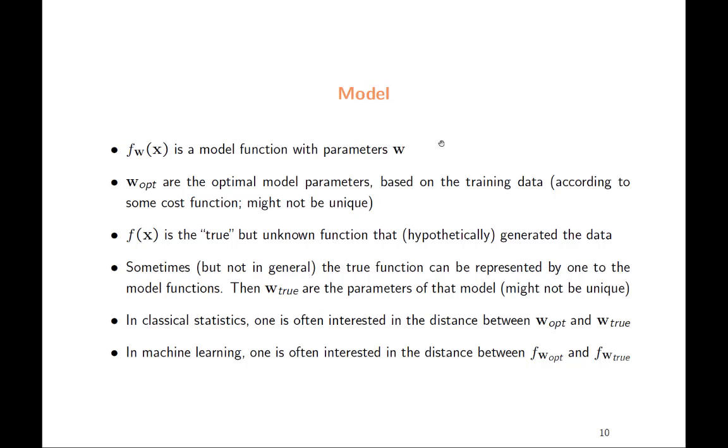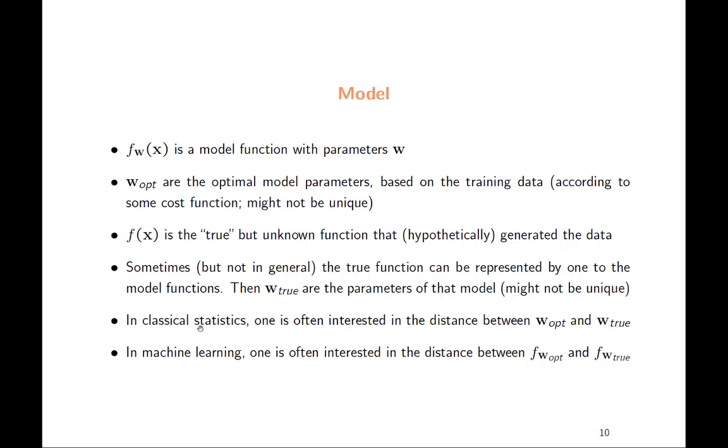It might not be unique, and it might not be the true one, of course. f(x) is a true but unknown function, which generated the data hypothetically. Sometimes, but not in general, the true function can be represented by one of the model functions. Then w_true are the parameters of that model. Sometimes this is not unique. So in this case, if we substitute w_true for w, it would exactly be f(x).